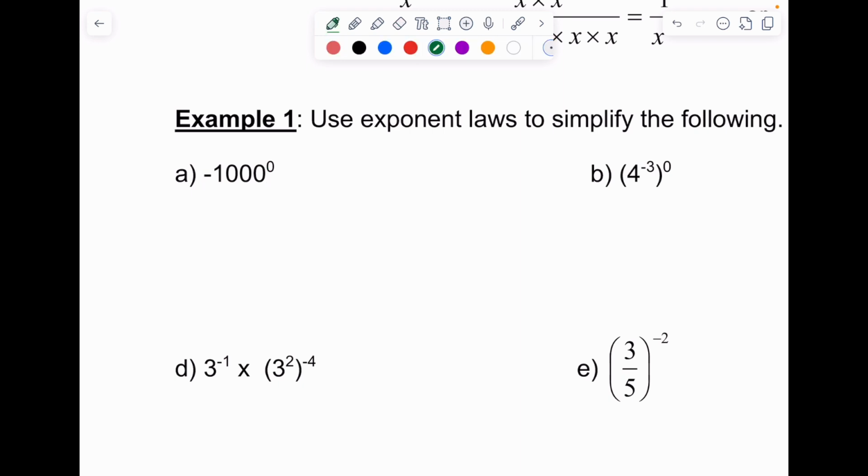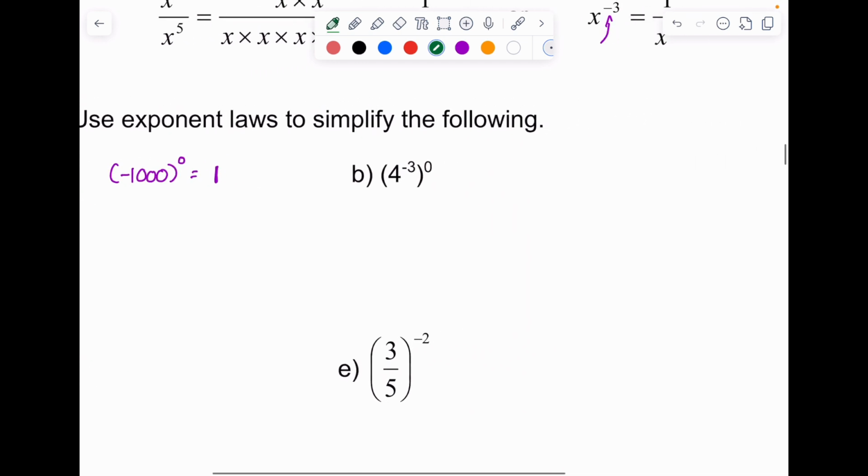What you're actually seeing here is negative 1 times 1,000 to the 0. So this put to the power of 0 gives you 1. So negative 1 times 1 gives you negative 1, all right? If this was negative 1,000 put to the 0, you would get positive 1, okay? So notice the use of brackets, right? You get a completely different answer. So always be on the lookout for that.